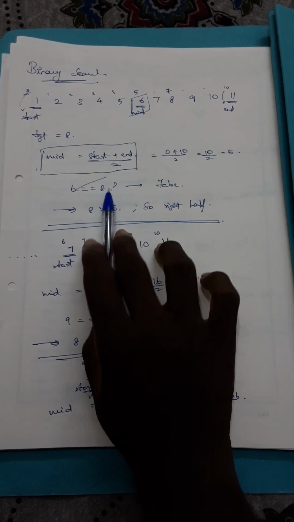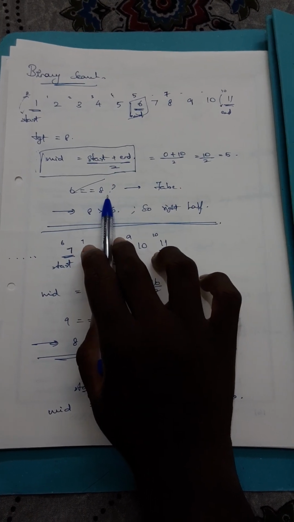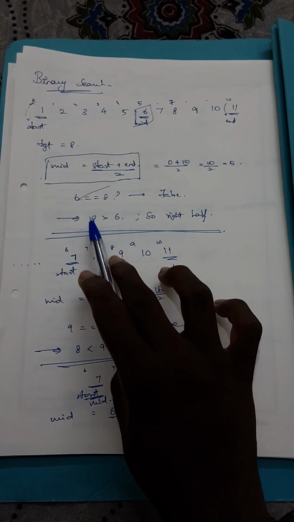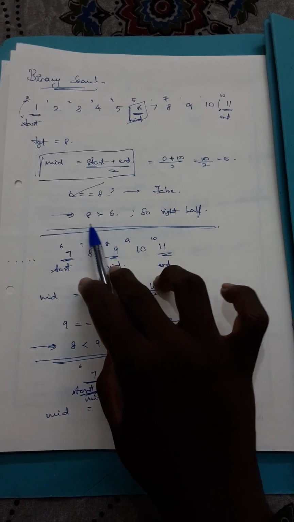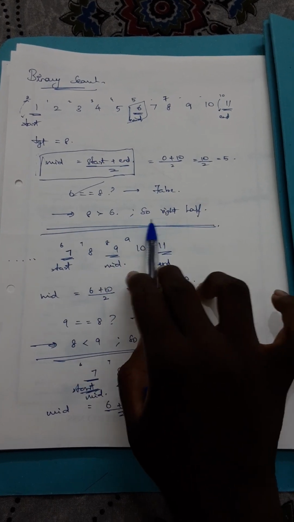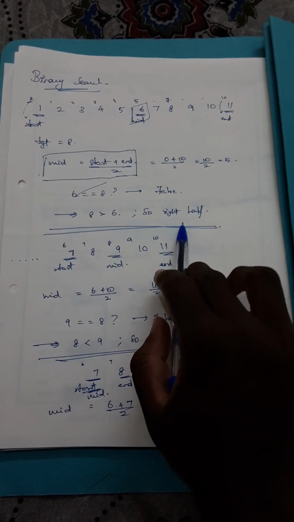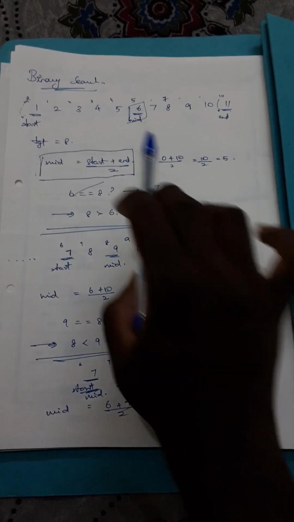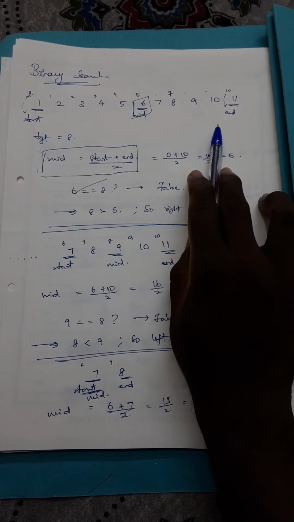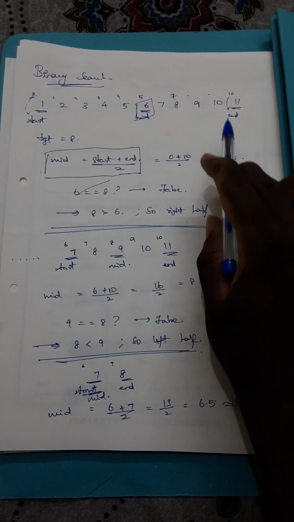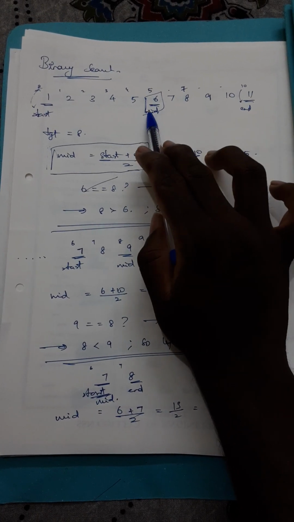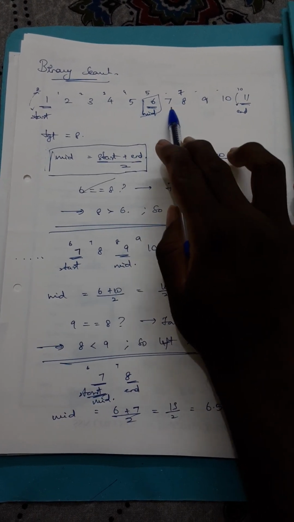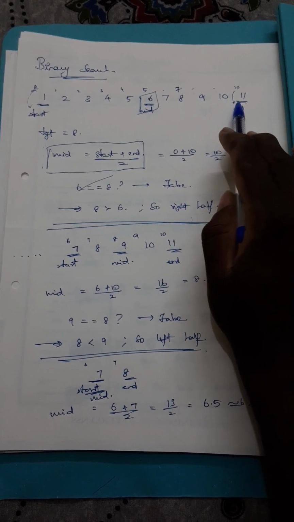Since they are not equal, it will check if it's greater than or less than. The target value 8 is greater than the middle value 6. So since it's greater, it will just take the right half of the list. This is what binary search does differently. As the whole list is sorted, it's using the logic that if the target value is greater than the middle value, then obviously it will be in the right part of the list.